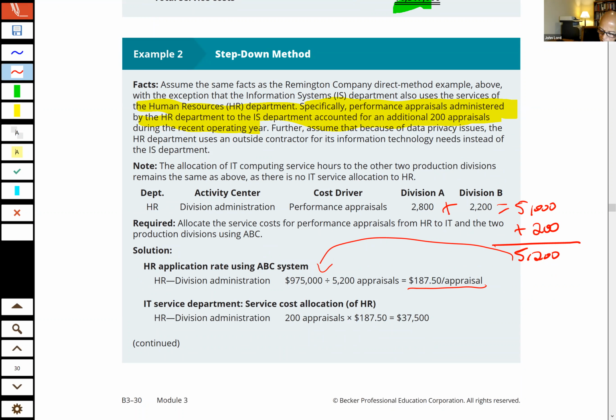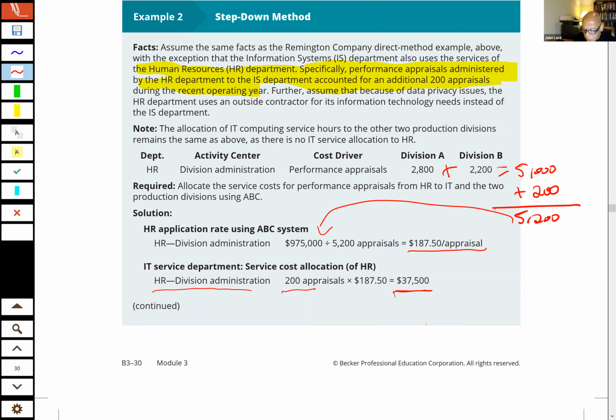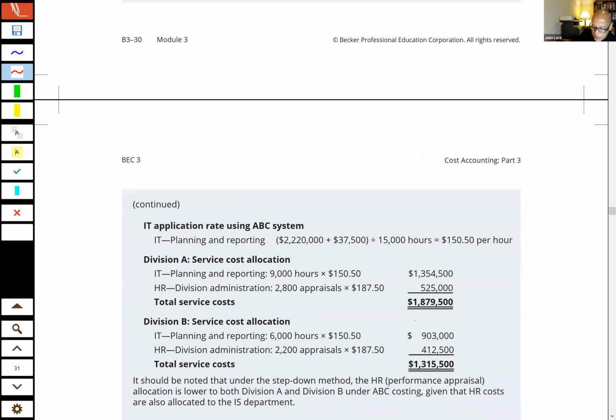And since the HR division had 200 appraisals, they have 37.5 of that cost that needs to be allocated to the IT services. So now we pick up those total IT services costs, which were that 2.2 plus the 37.5, divided by the 15,000 hours. That gives me what?